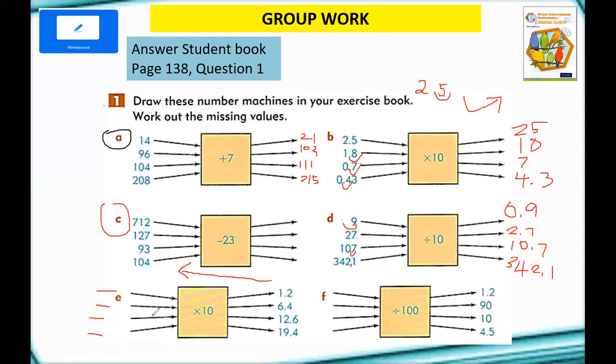Because here it's missing, the arrow is going there. So we are going to multiply. But since the input, or the starting number, is missing, you have to go back. We start from here. So therefore, the multiplication now will become what? Divide. So 1.2 divided by 10 is, so you are going back.